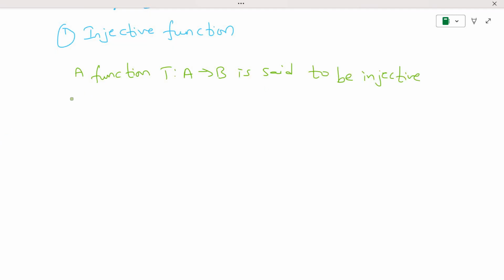So injective function is also called one-to-one function. So injective is also called one-to-one. So let me write the definition, then I will explain. Also, I will give sufficient examples so that everything will become clear.